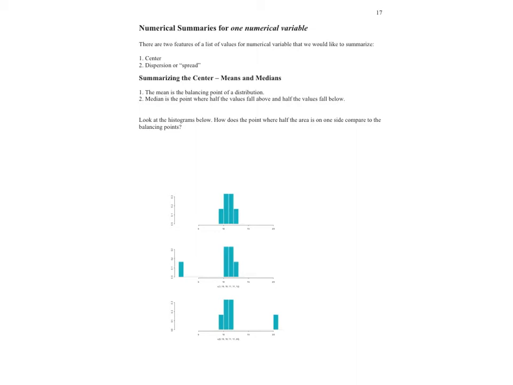On this first graph, I think we can visualize that it's going to balance right here, and that is also the point where half the values are on this side and half on the other side. So this point is the mean and the median. In this case, these two measures of the center equal each other.